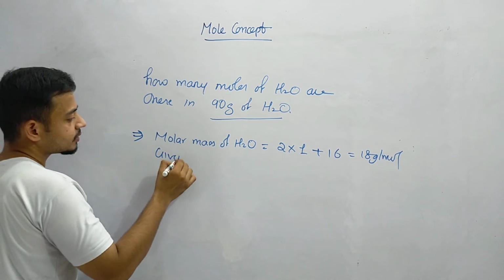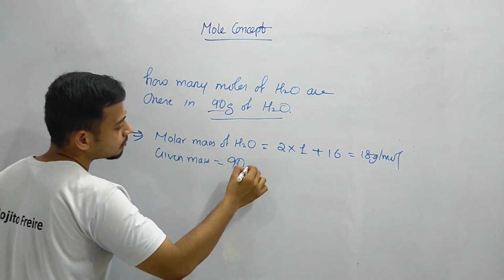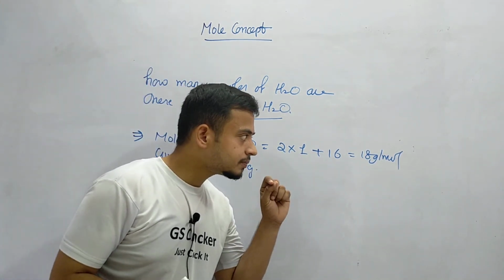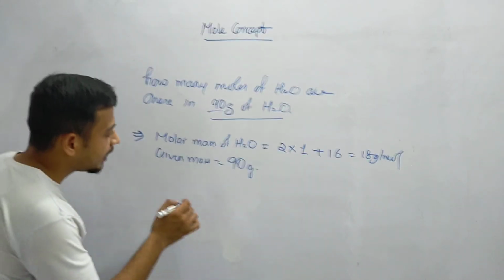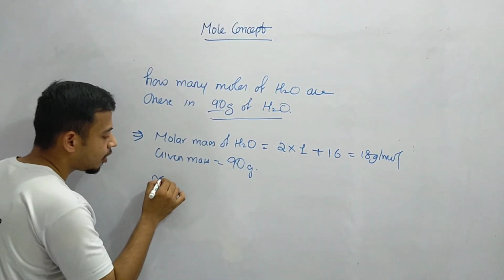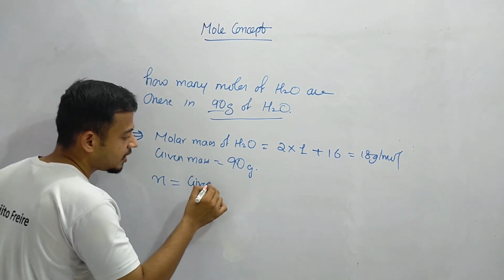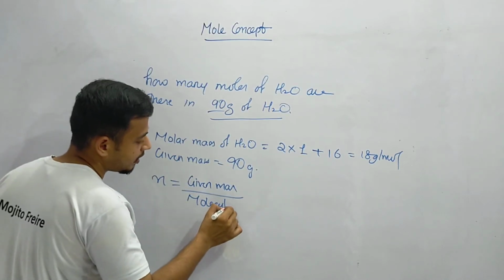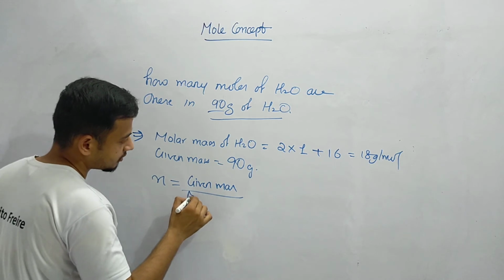What is the given mass? In this question, the given mass is 90 grams. So, if 1 mole equals 18 grams, then how many moles equal 90 grams? We can do this by the unitary method or by the direct formula of number of moles, that is n equals given mass upon molar mass.